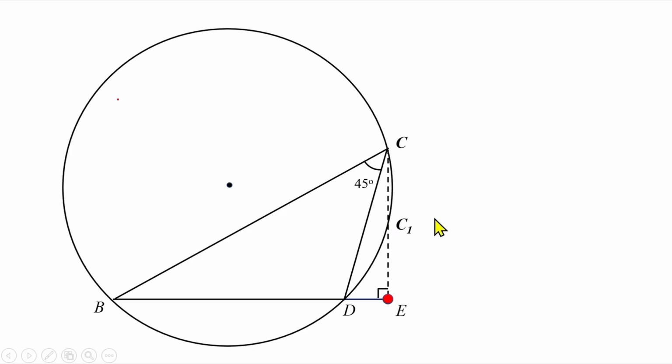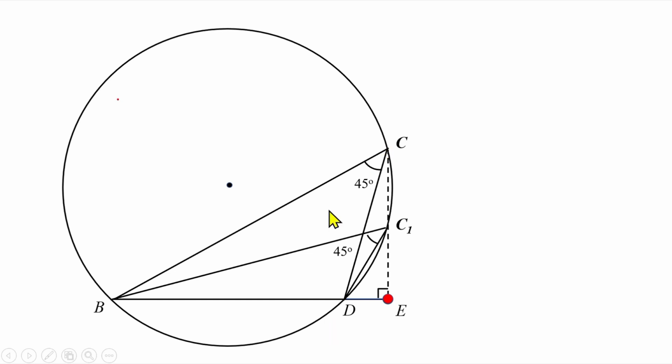And if we plot the triangle BC1D, we will have here at vertex C1 angle 45 degrees, because this angle and angle BCD, they makes the same chord BD, and we will have the same BD and DE as for previous triangle.